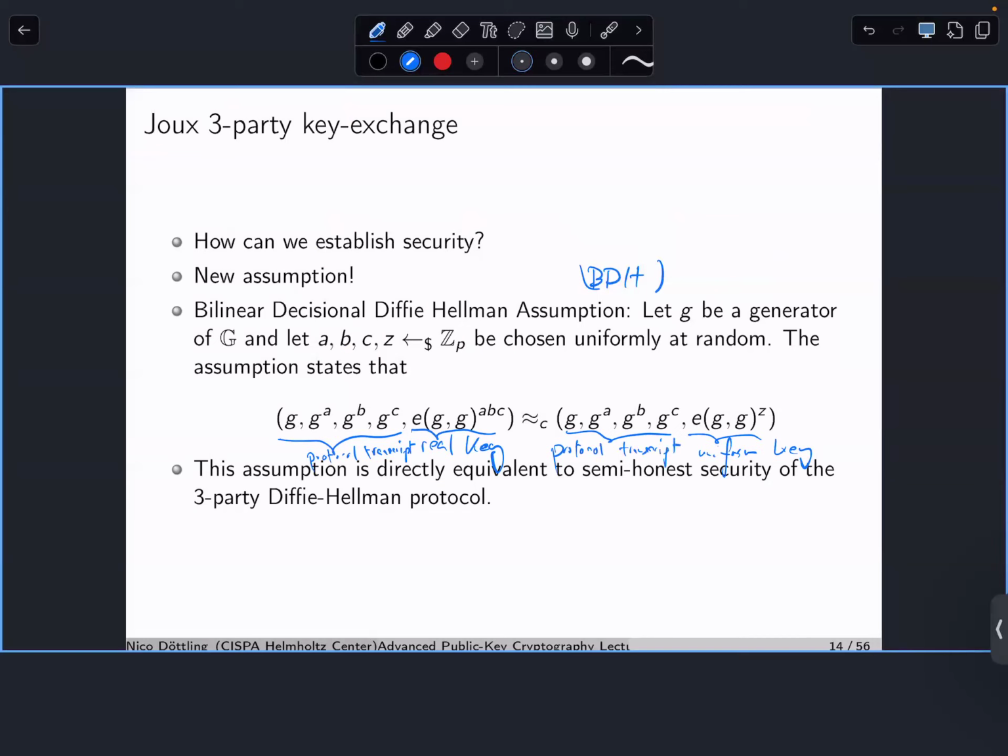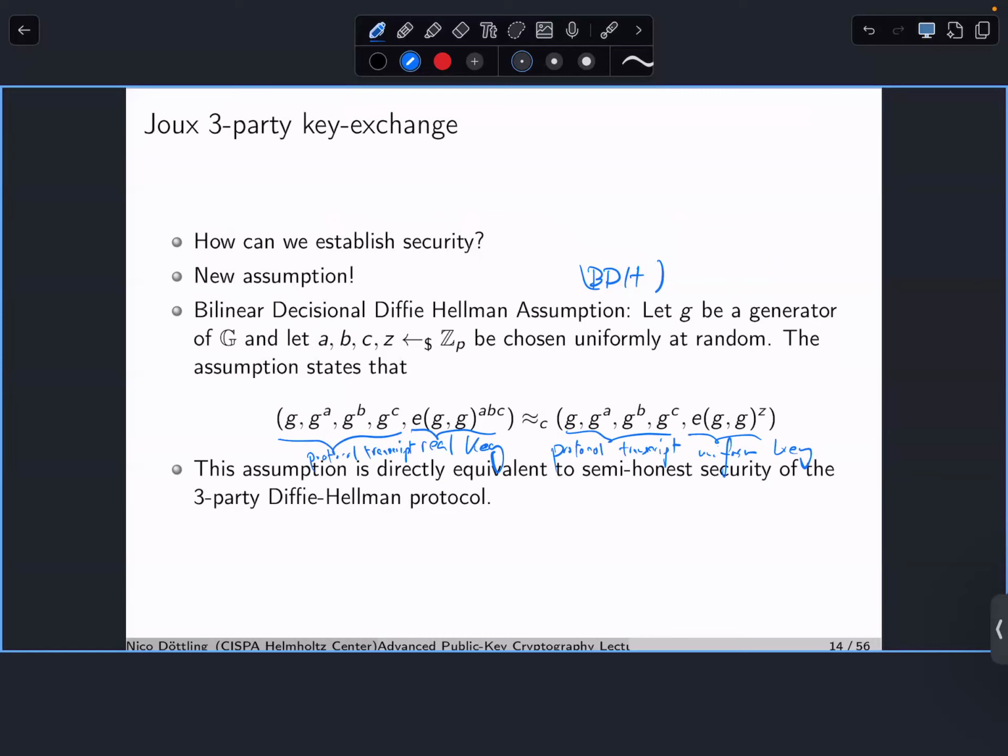Of course, as I just said, this assumption is directly equivalent to the semi-honest, or passive, security of the three-party Diffie-Hellman protocol that we've just seen.